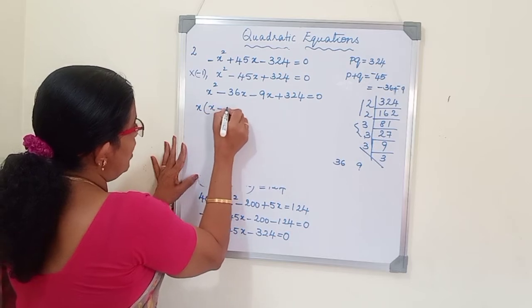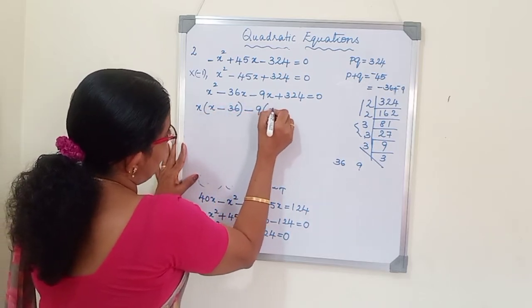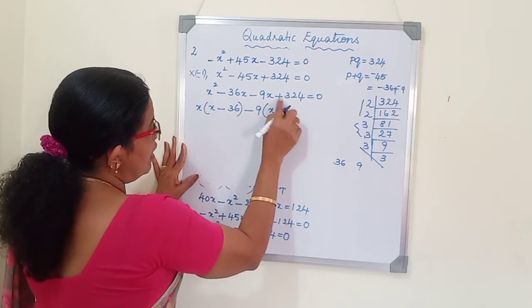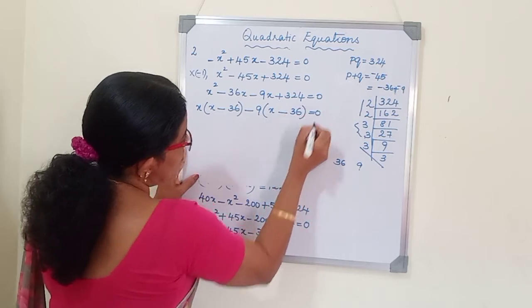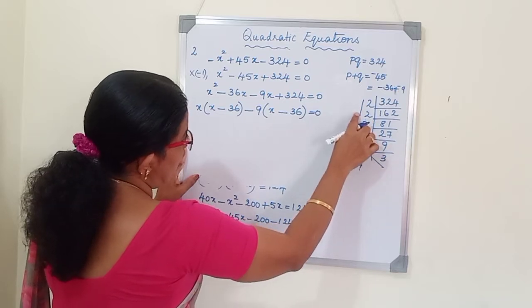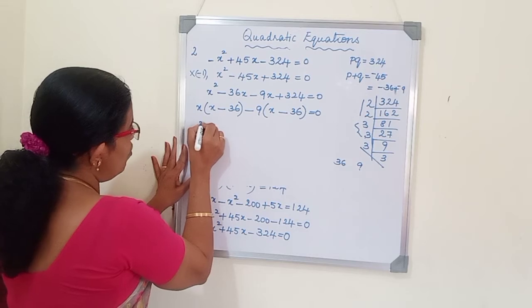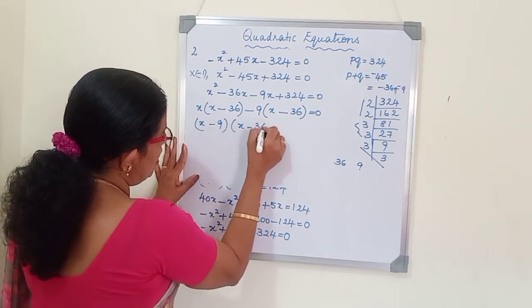X into x minus 36 minus 9 into x minus 36. 3 into 3 is 9, 9 into 4 is 36, 36 into 9 is 324. So now x minus 9 in one bracket, x minus 36 in another bracket.